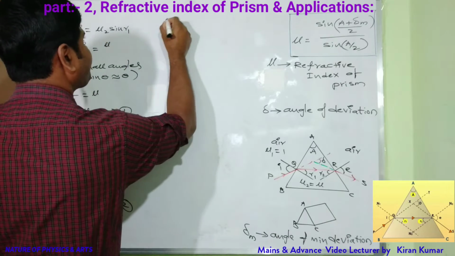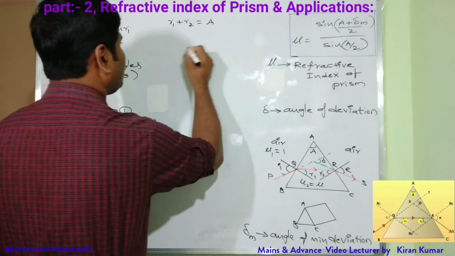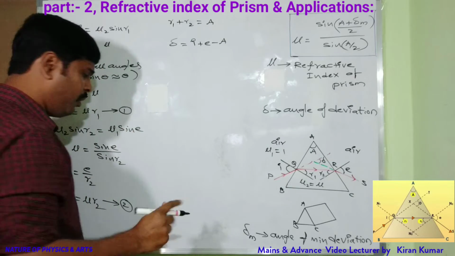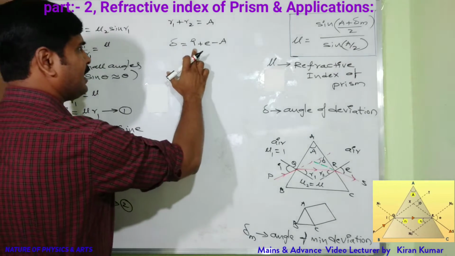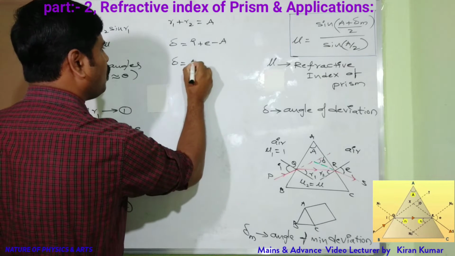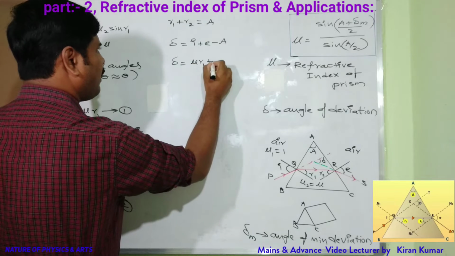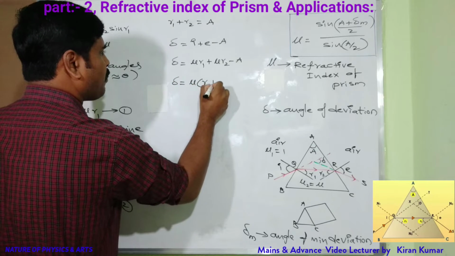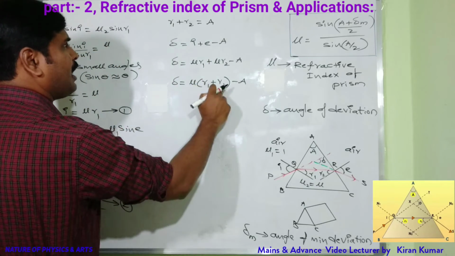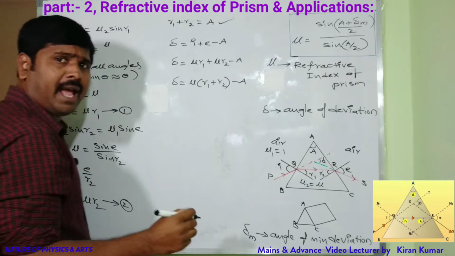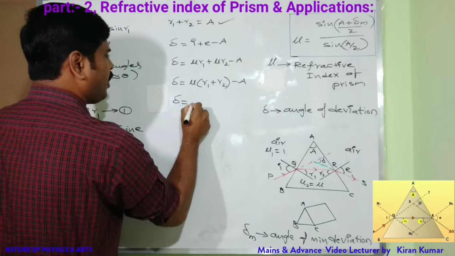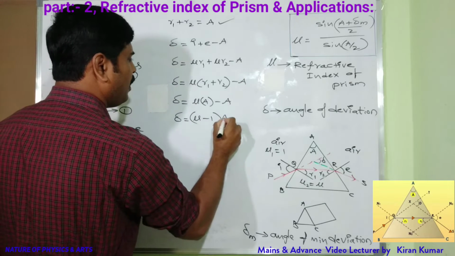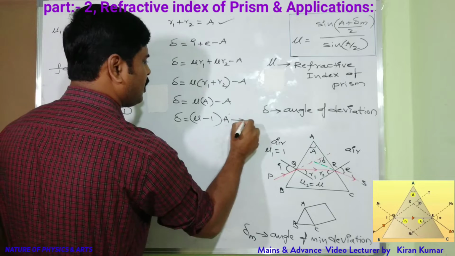The first formula is r1 plus r2 is equal to A, and the second one is delta is equal to i plus e minus A. So here e and i values are replaced in this equation, then delta is equal to i value mu r1 and e value mu r2, minus A. Now delta is equal to mu common, that is r1 plus r2, minus A, but actually r1 plus r2 is equal to A, the angle of prism, then delta is equal to mu into A minus A. Here delta is equal to (mu minus 1) into A. So this is taken as equation number 3.